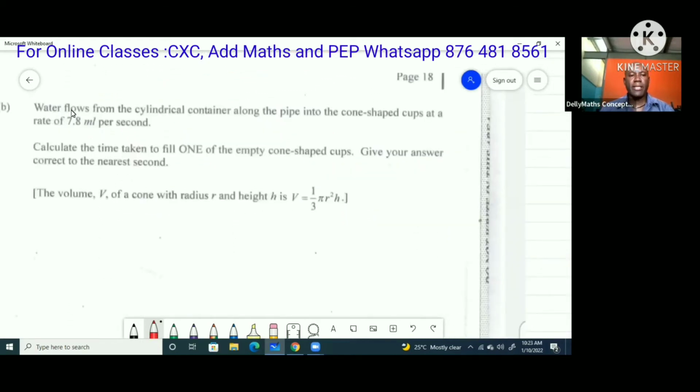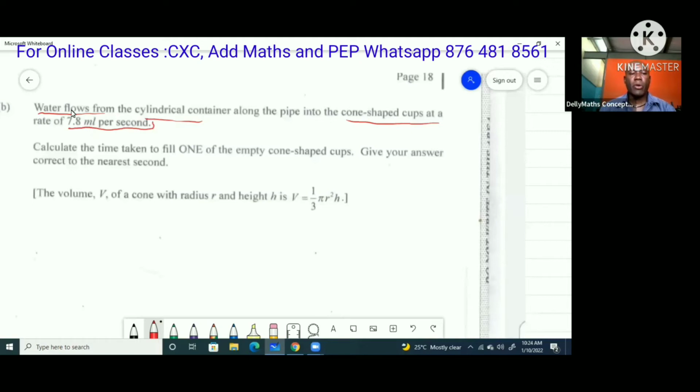Part B says water flows from the cylindrical container along the pipe into the cone-shaped cups at a rate of 7.8 milliliters per second.